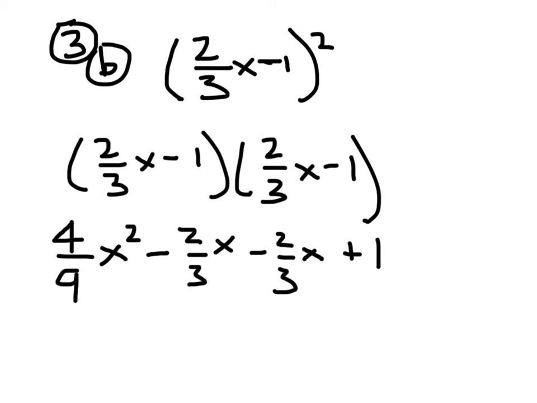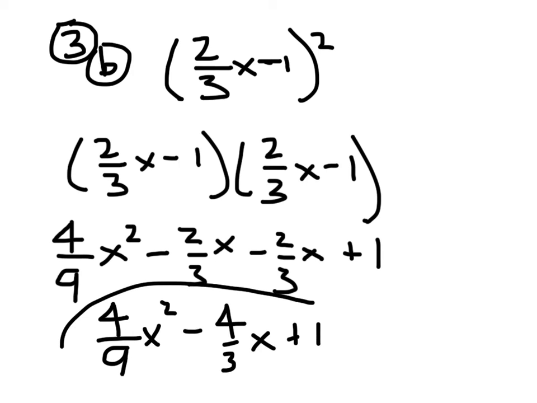It's not a trinomial. But these are like terms, they can be combined. Negative 2/3 minus 2/3 would be negative 4/3. So negative 2/3 x minus 2/3 x would be negative 4/3 x. Now I have my 3 terms, I have my trinomial. None of them can be combined because they all have different exponents. I'm done.